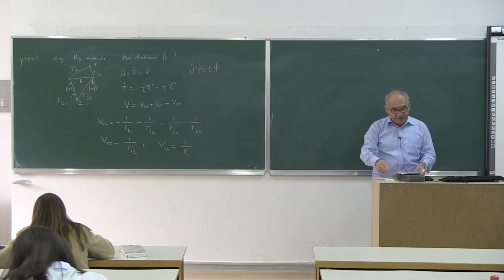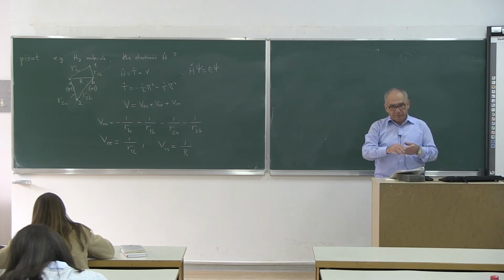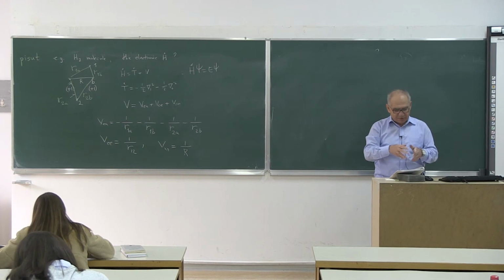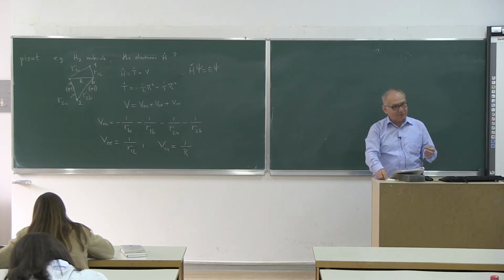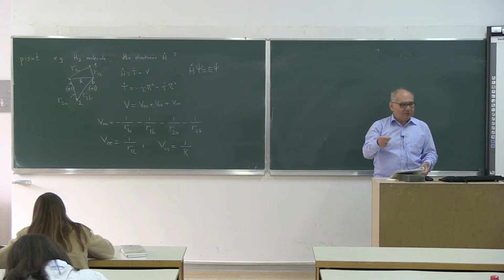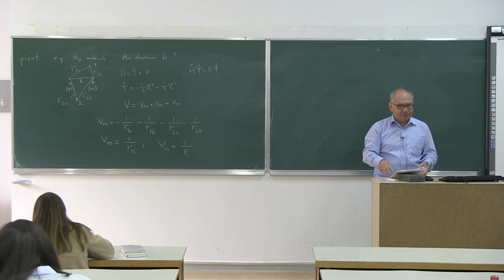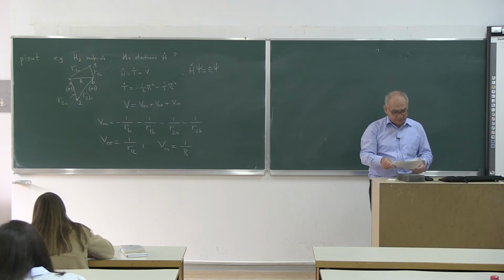Now we turn to solving the Schrödinger equation. And of course, we are going to start with the simplest possible case, the atom with a single electron, which is the hydrogen atom.